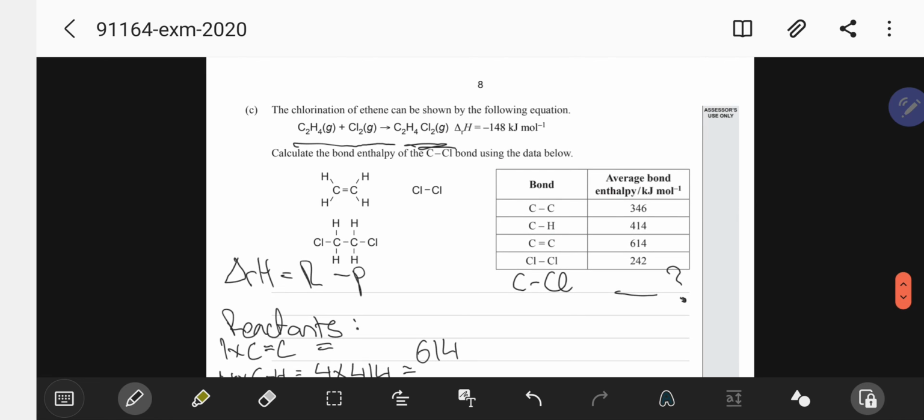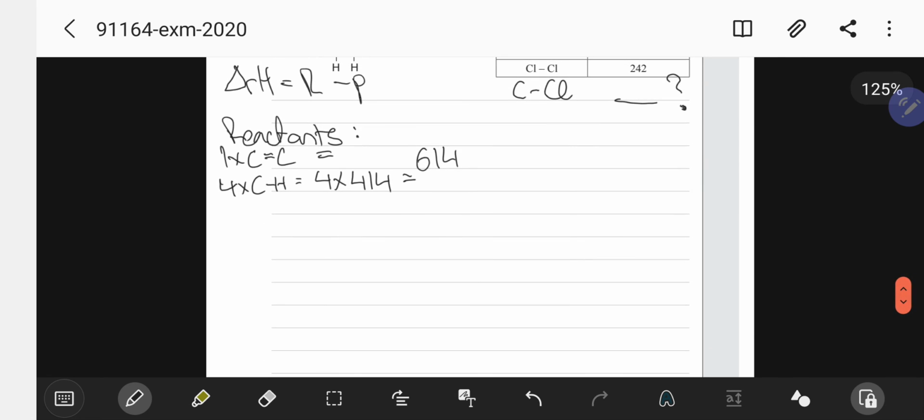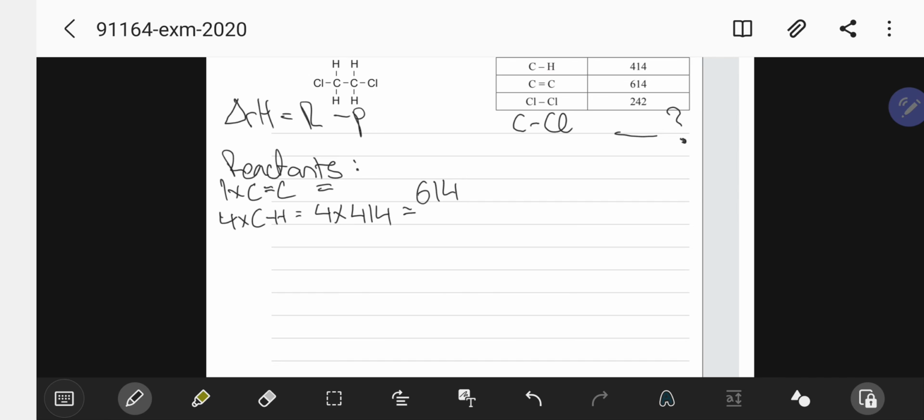And there's only one of this molecule, so that's good. Sometimes they can put a 2 here, and lots of people get it wrong then. So 4 times 414 is 1656.